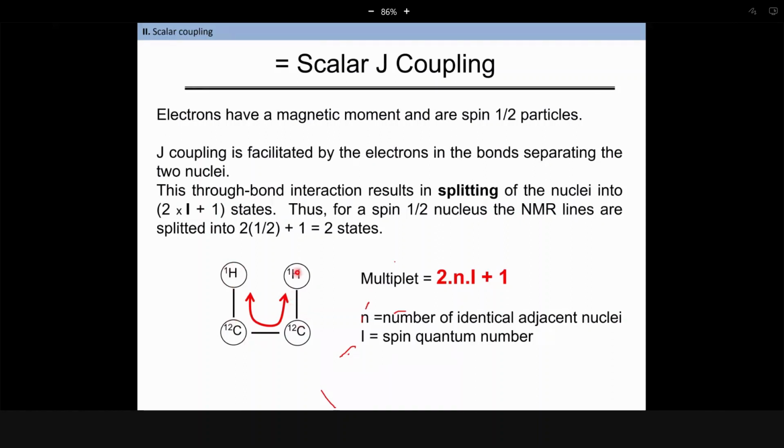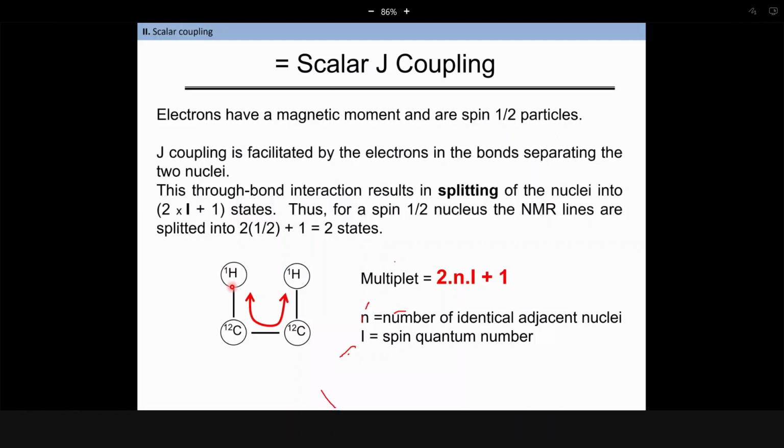And this is called the coupling. The coupling is the interaction transmitted by the electrons of the chemical bonds. So to be transmitted, they need to be closely related.